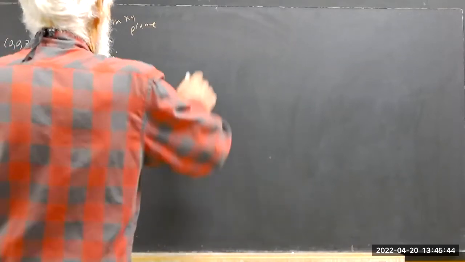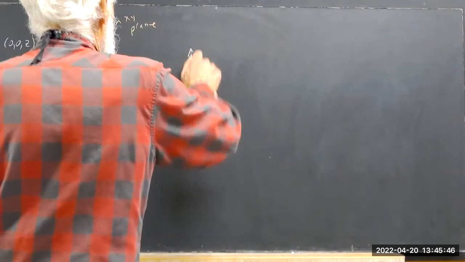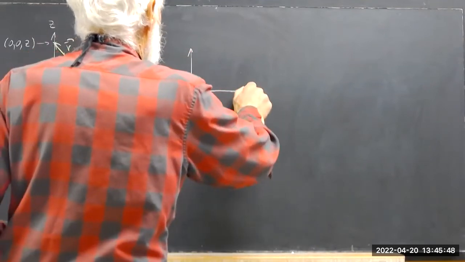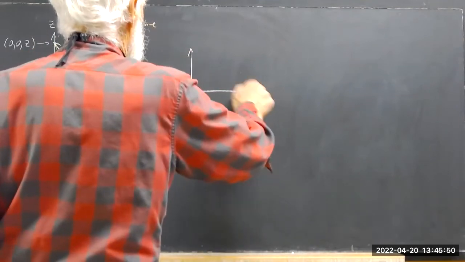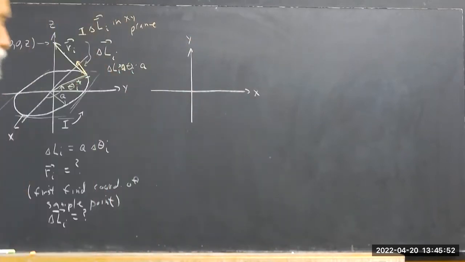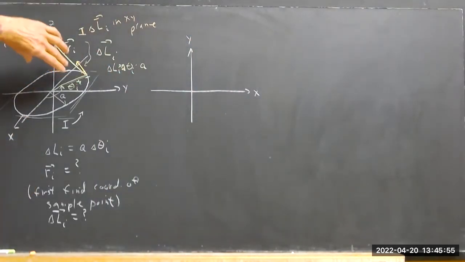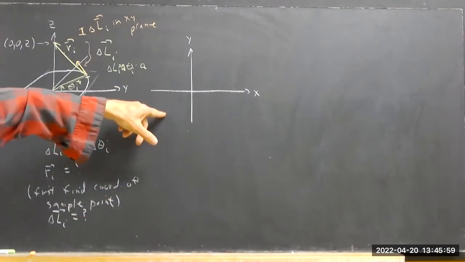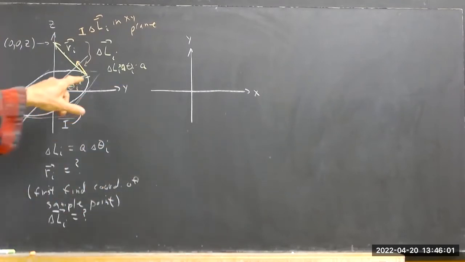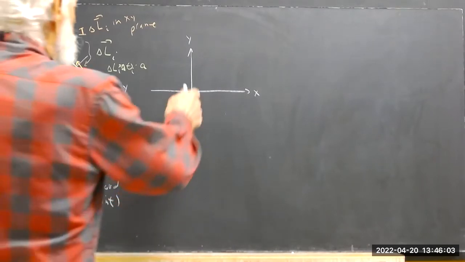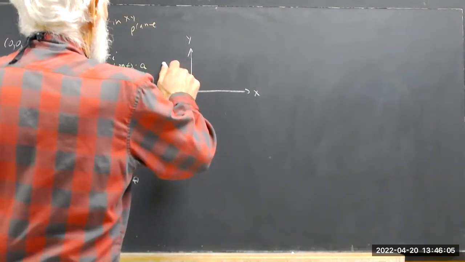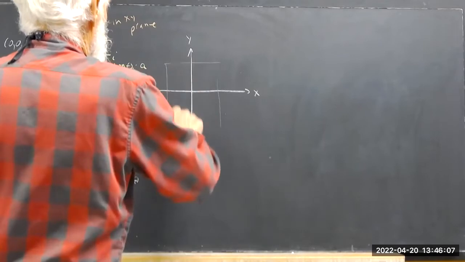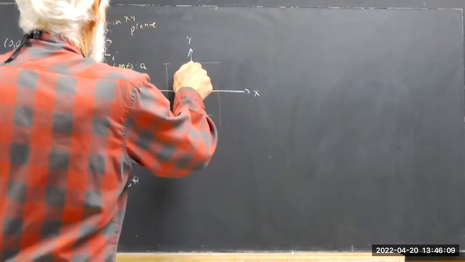Okay, so I'm going to redraw this circle, but I'm going to put the x-axis this way and the y-axis this way. Looking down on this, I just rotate it 90 degrees to make it look like this, right? Let's draw a square here and see if I can draw a decent circle.